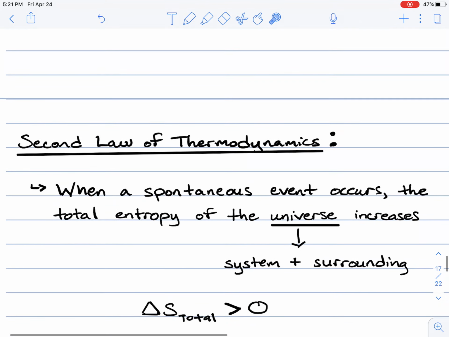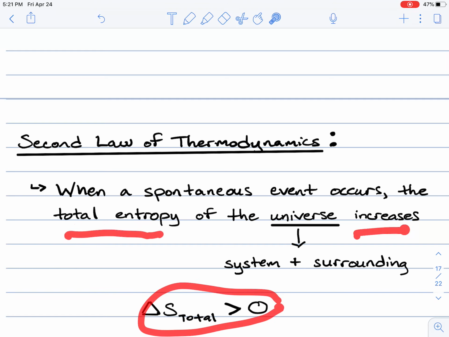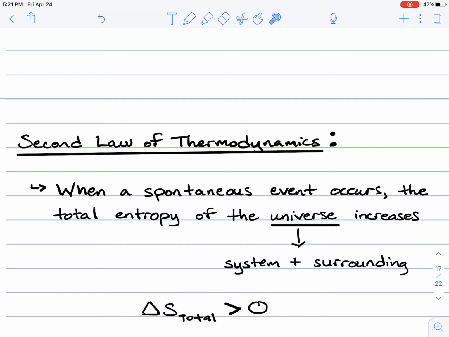Now, we can summarize the second law of thermodynamics as simply that the total entropy change is going to be greater than zero, because the total entropy of the universe is increasing. The only way that value translates mathematically is if it's greater than zero.